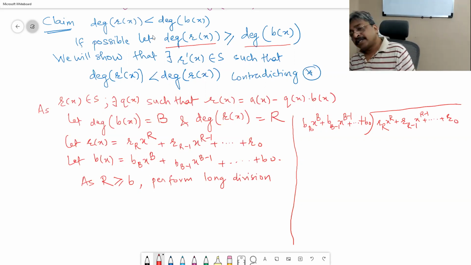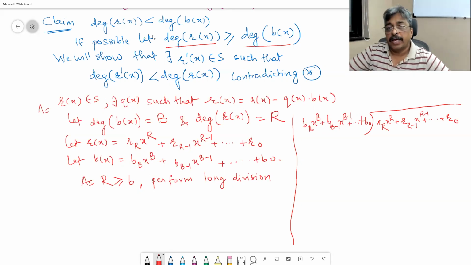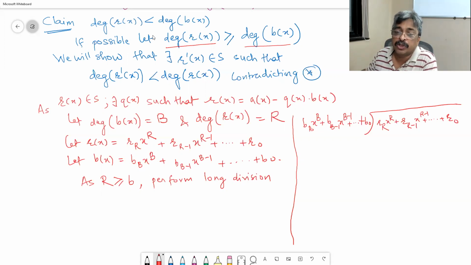It is easy. We are just going to perform one step and then we are done. So, what is the first coefficient in the quotient? Can somebody tell me? R upon B X raised to R minus B. Is that correct? Because we want this to be 0 after subtraction.